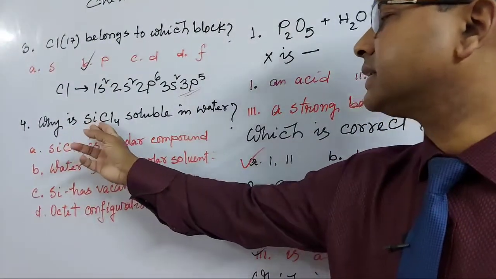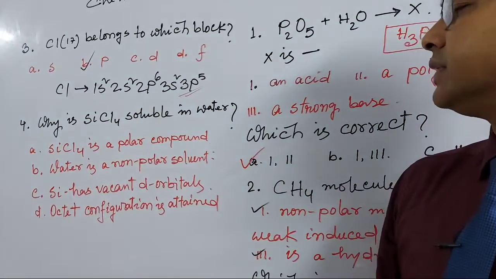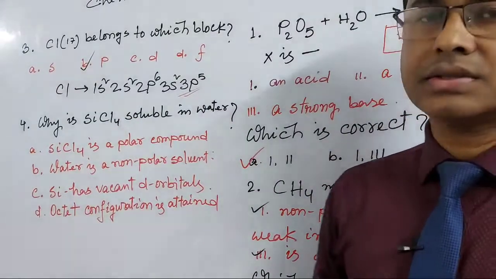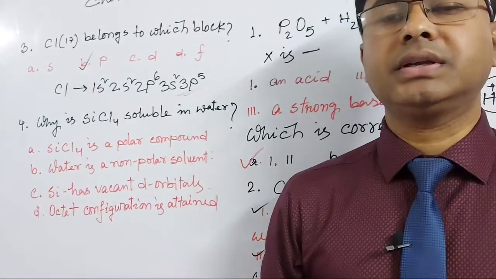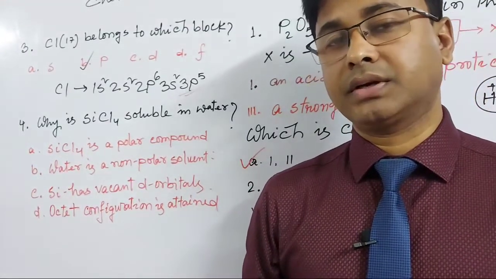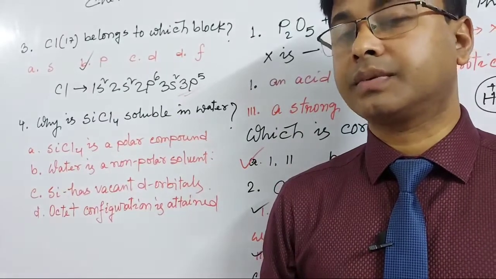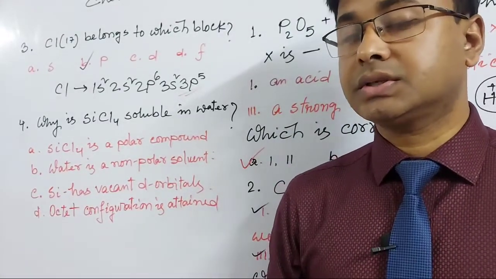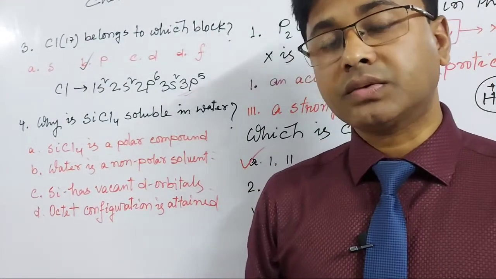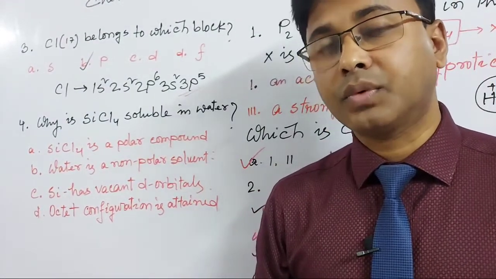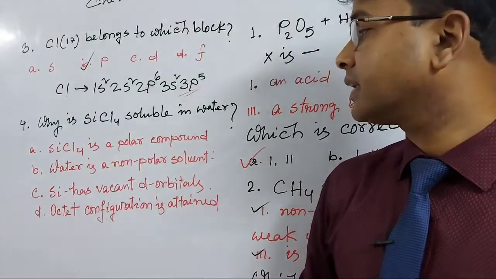Why is silicon tetrachloride soluble in water? Students, all of you know that silicon tetrachloride is a covalent compound. Normally covalent compounds don't dissolve in water, and you also know that water is a polar solvent.